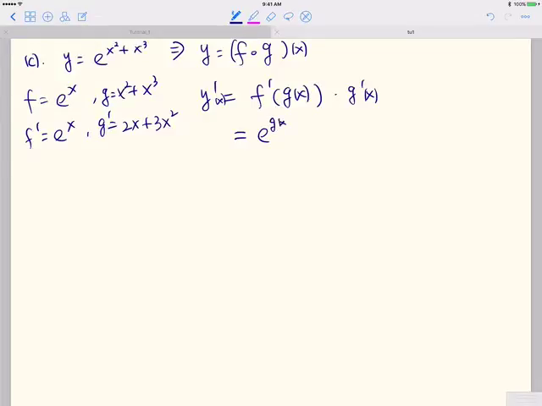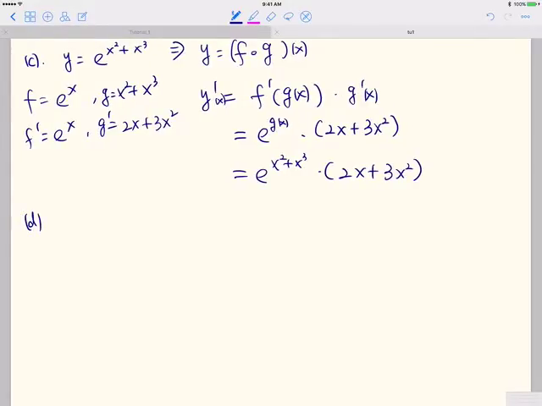Since we already know that g(x) equals x squared plus x cubed, we can plug it in here or later, it doesn't matter. So this will give us exponential of x squared plus x cubed times 2x plus 3x squared. I hope I'm correct.